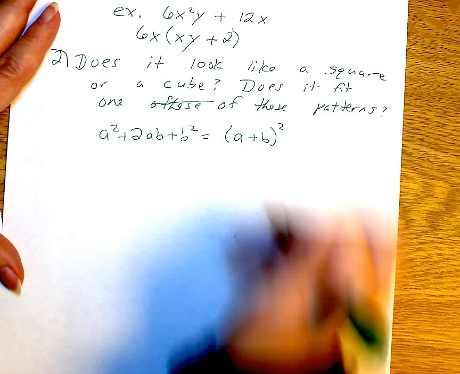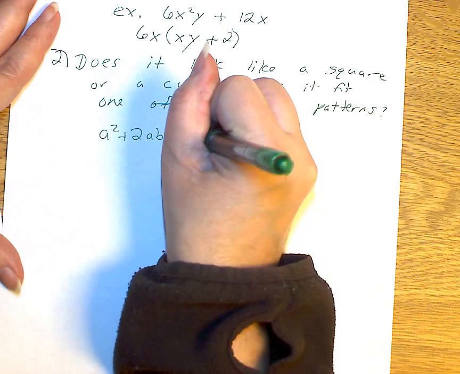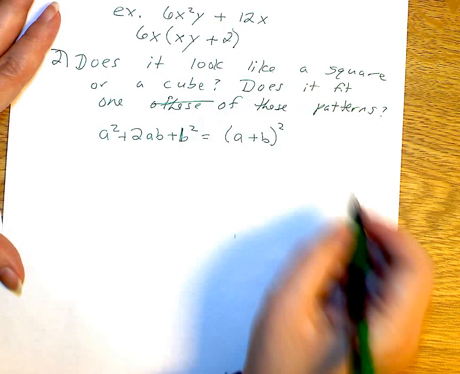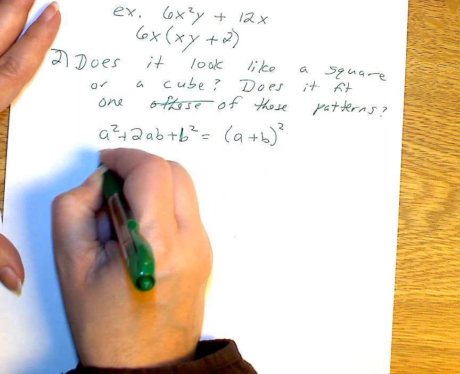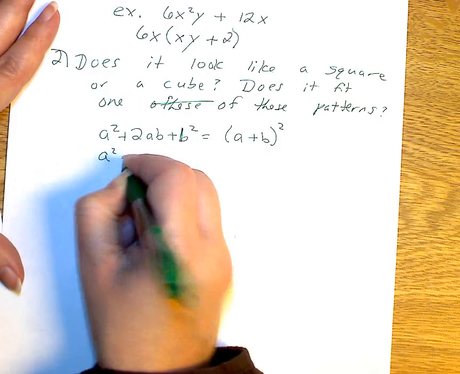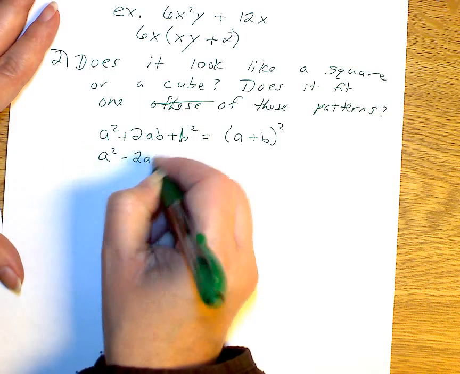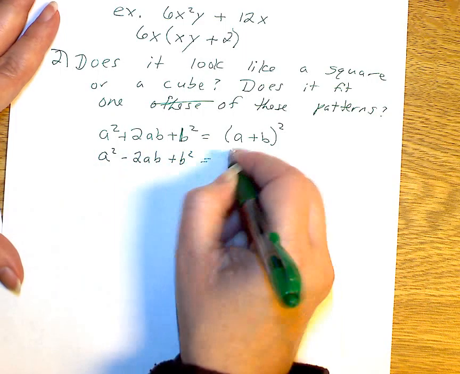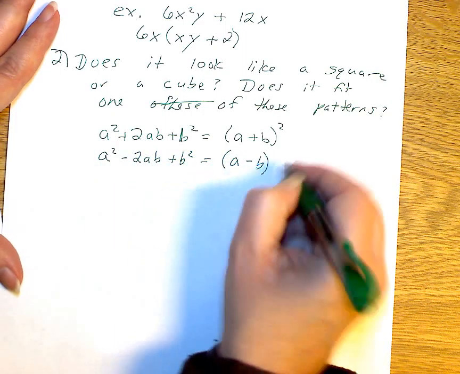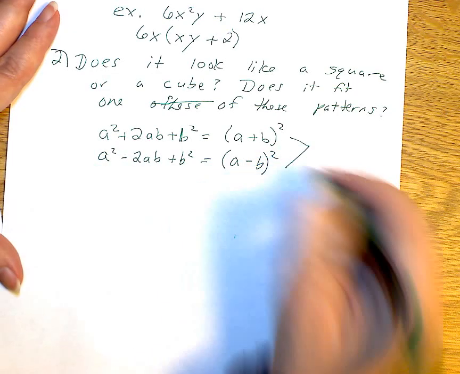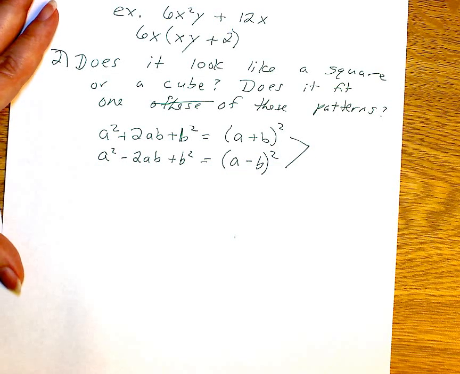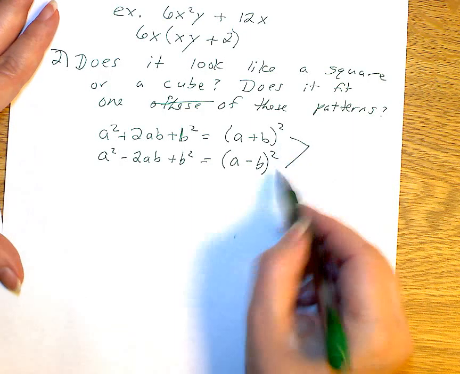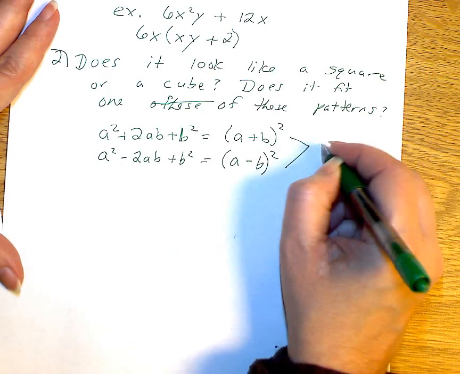If it is a squared minus 2ab plus b squared, that equals a minus b all squared. These two right here are called perfect squares.